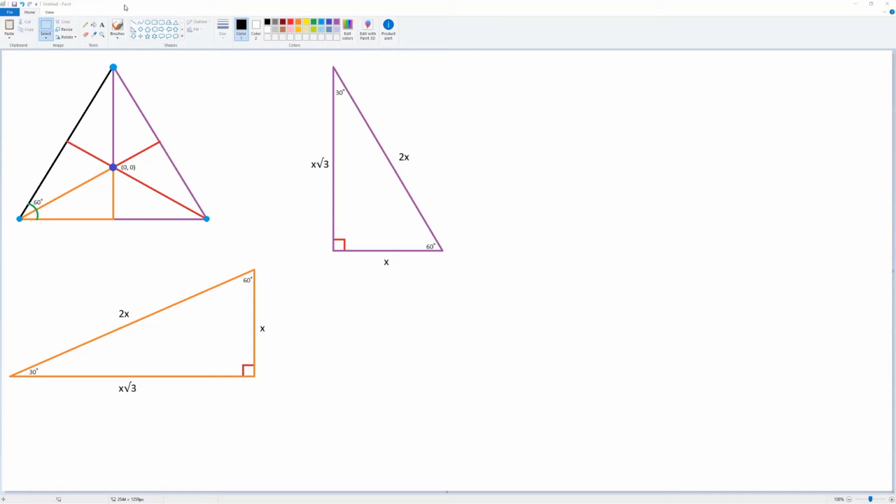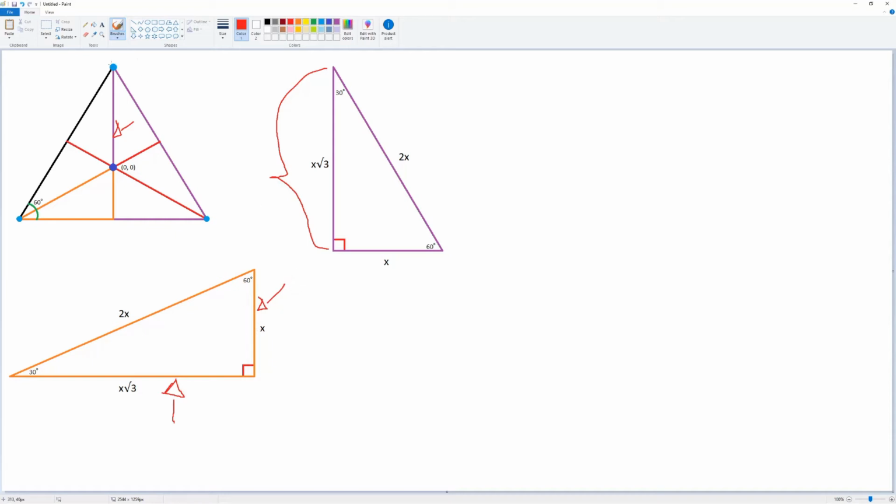Now, remember, we want to know, let me just do it in red, the value of this side, this side, and this right here in our triangle. And the way we're going to find that out is by getting the value of this entire bit right here, and then subtracting whatever we get down here.